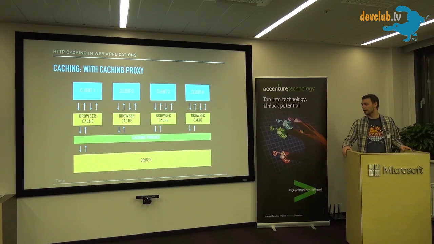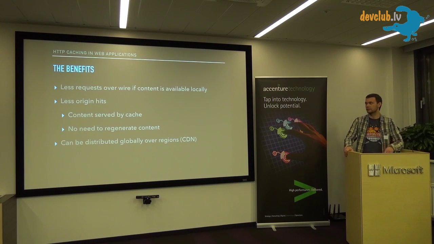It kind of goes on like that. And yeah, the obvious benefit here is that you get fewer hits on your origin, which means that you need fewer servers probably.